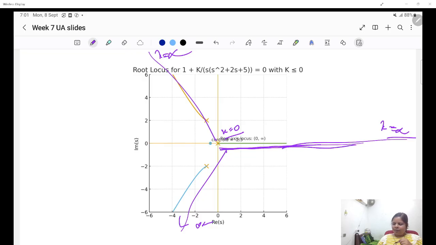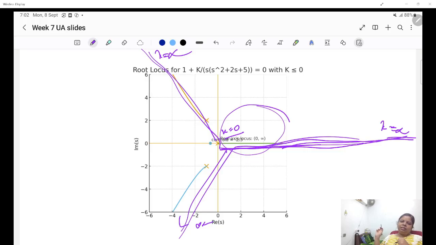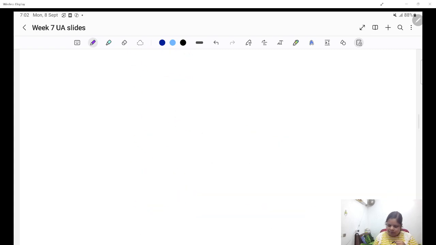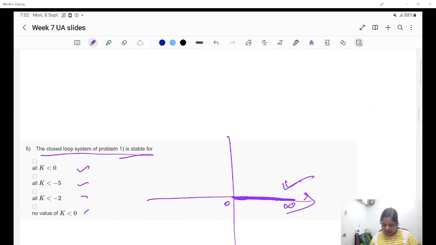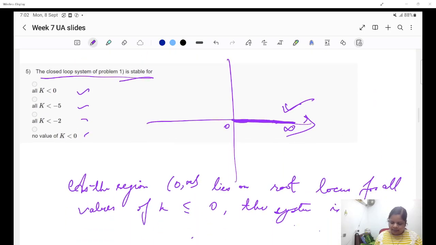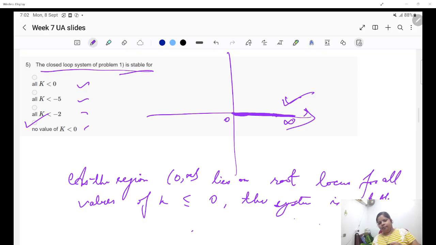You can see as we move along from k is equal to infinity, it always moves in the right half of the s-plane. So this pole, irrespective of these poles being in the left half of the s-plane always, this pole which is at s is equal to 0 is going to cause instability in the system for any value of k. So this system is forever going to remain unstable. So your correct answer is no value for k less than 0.